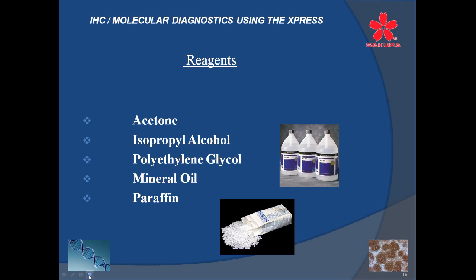So if we look at standard reagents that we've used for processing, they stem from acetone, isopropyl alcohol, polyethylene glycol, mineral oil, paraffin. These have been around for many, many years. Any histotechnology book that you pick up and go through the fixation and processing chapters, you're going to find some or all of these there. They're not new to us.